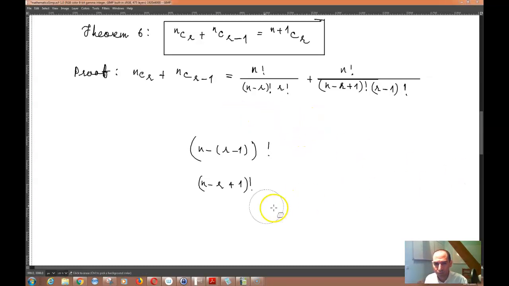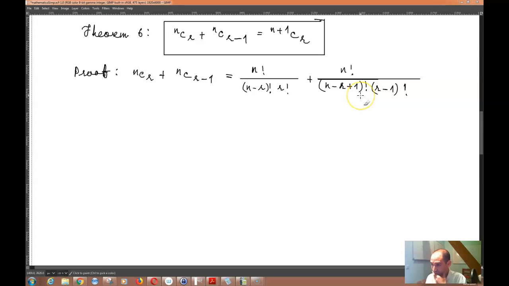Now we need to find a way to put these two together. Over here you have n minus r factorial times r factorial, and over here you have r minus 1 factorial times n minus r plus 1 factorial.